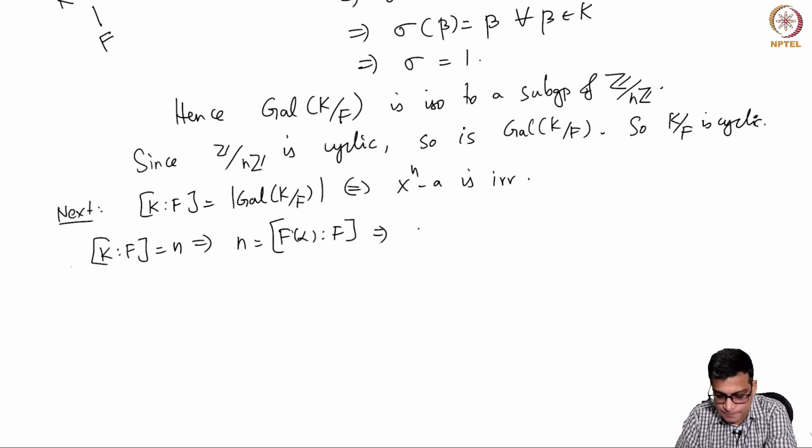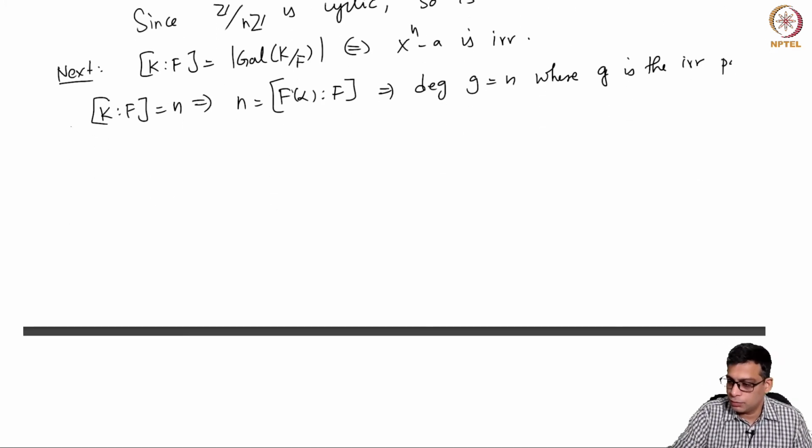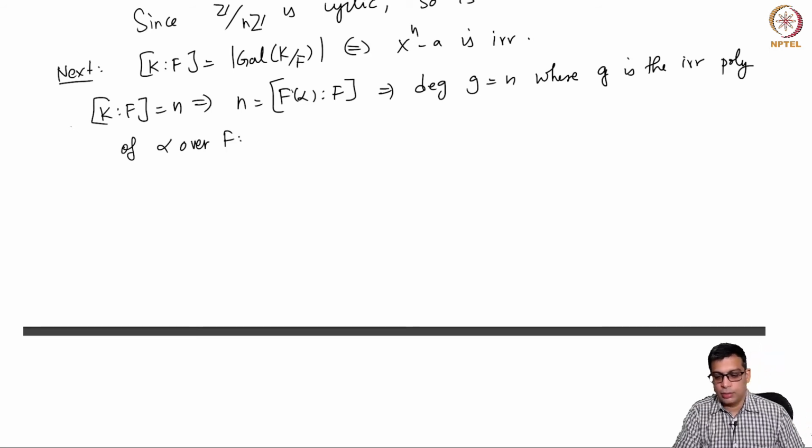This means degree of g is n, where g is the irreducible polynomial of alpha over F, right. If you have a primitive extension like this generated by a single element, the degree of that extension is simply the degree of the irreducible polynomial of that primitive element. So, if g is the irreducible polynomial, degree of g must be n.